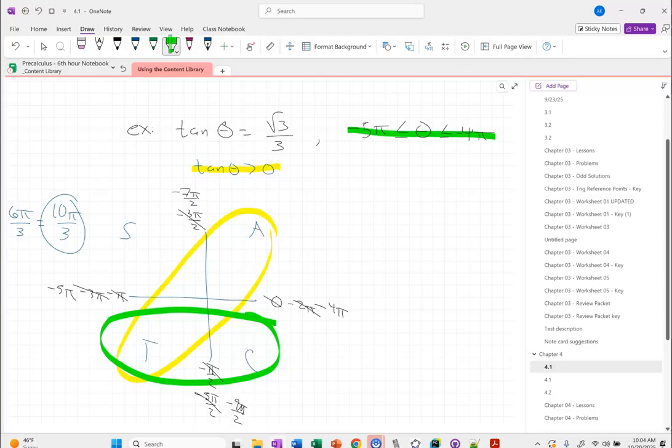Okay, so where am I looking then? In what quadrant? In quadrant 3. And what are we looking for? Because it's tangent, I'm looking for y over x equals root 3 over 3.